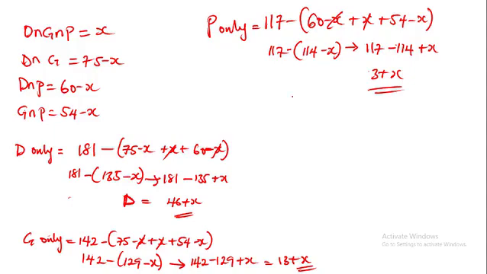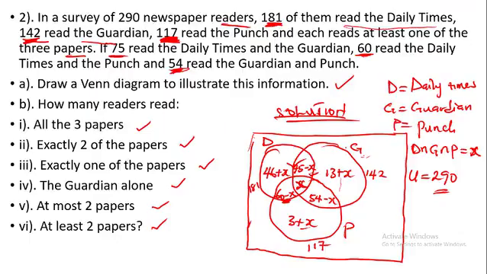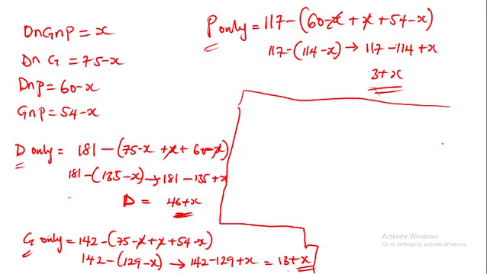Now we found the value of P only, D only, and G only. So what do we need to do next? We need to solve for the value of X. How do we achieve that? We add everything inside this bracket, and they will be equal to 290, since they told us that the universal set is 290. So let us start.